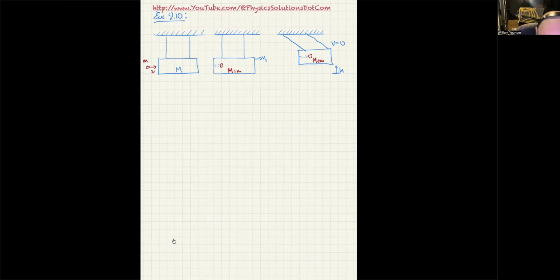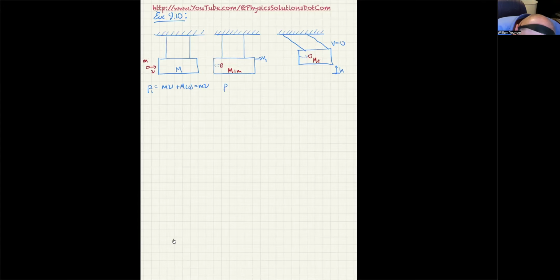So what we're going to do is, from the first scene to the second scene, use conservation of momentum to figure out what v1 is. Then we're going to use conservation of energy from scene 2 to scene 3 to figure out what the initial velocity was, since we know what v1 is. So P initial is equal to lowercase m lowercase v plus big M times 0. So that's just lowercase m times lowercase v.